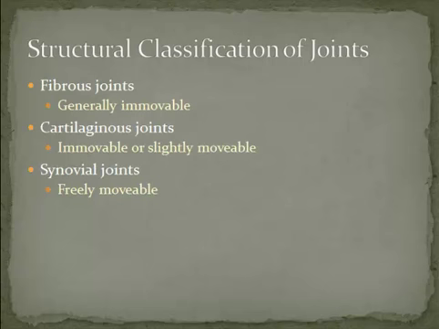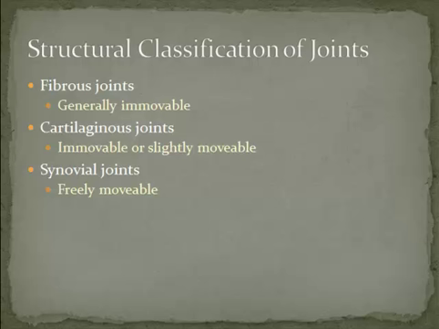So next, let's look at the structural classification of joints. We have three structural classifications. We have fibrous joints. So these structural classifications can be joined together with the functional classifications. For example, fibrous joints are usually going to be synarthrosic joints. So they're generally non-movable joints.